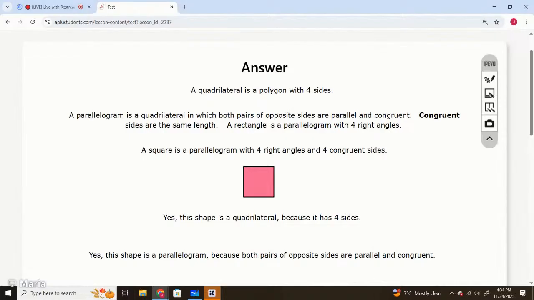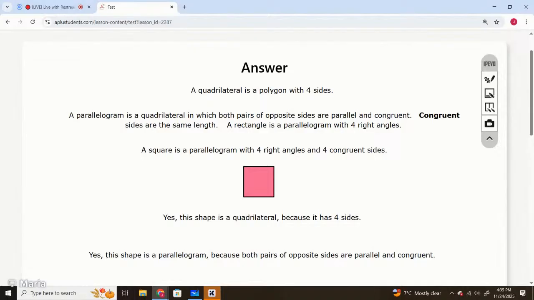So a rectangle is a parallelogram with four right angles. A square is a parallelogram with four right angles and four congruent sides.